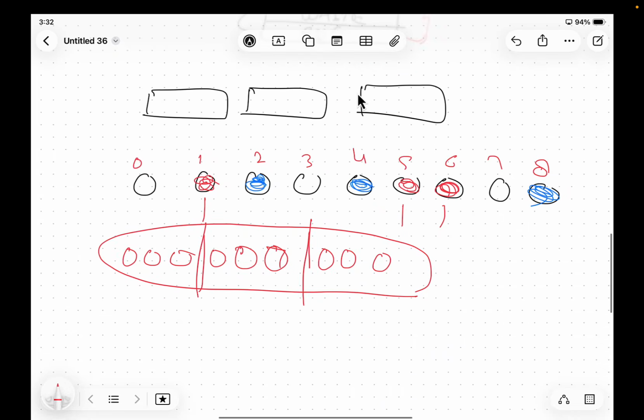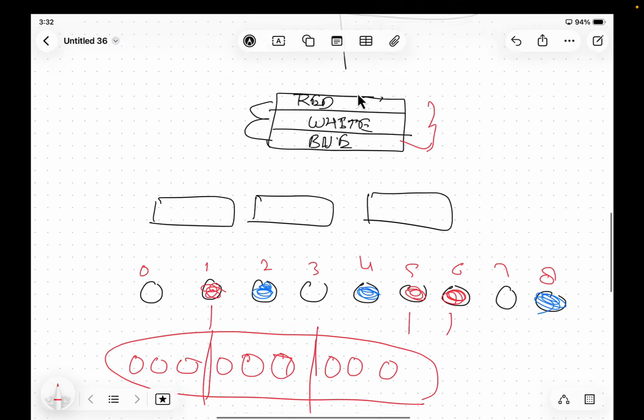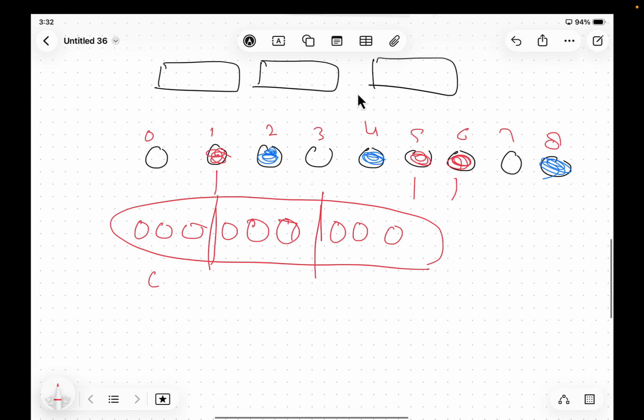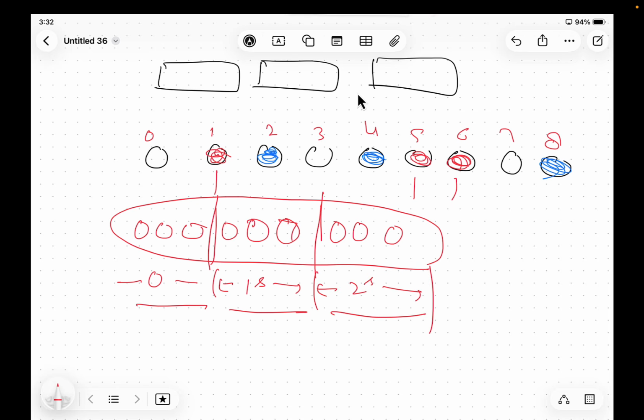Let me call the first color, red, zeros, then all ones, and this is all twos. So this is the category of the colors. All the given colors we have to categorize into 0s, 1s and 2s.